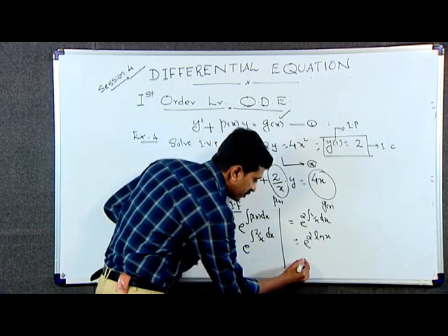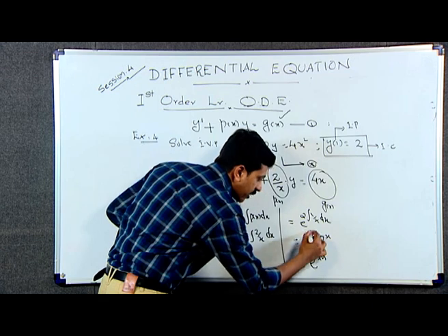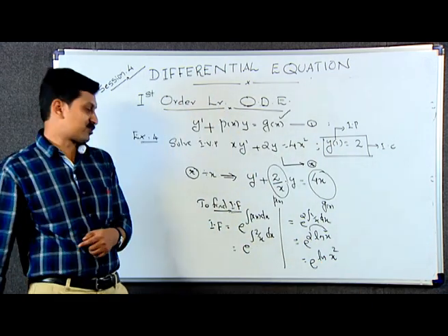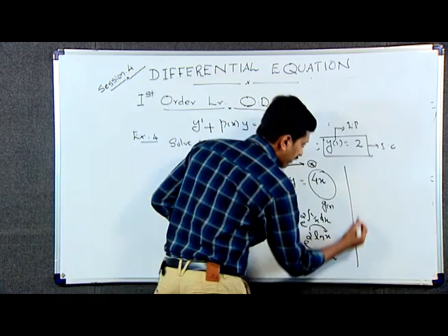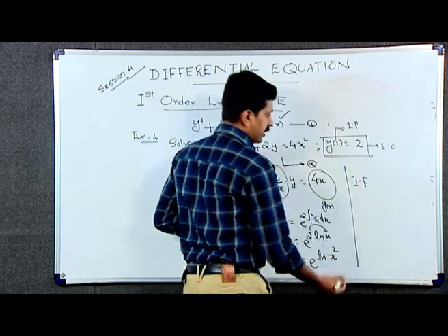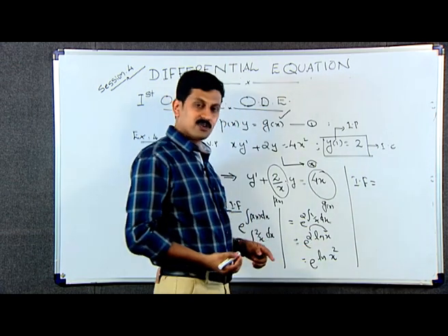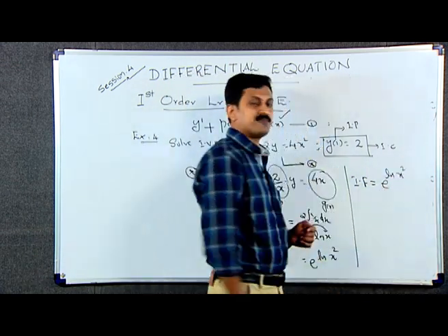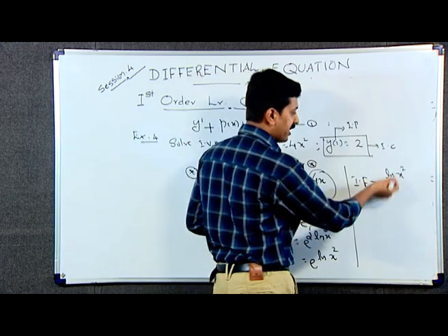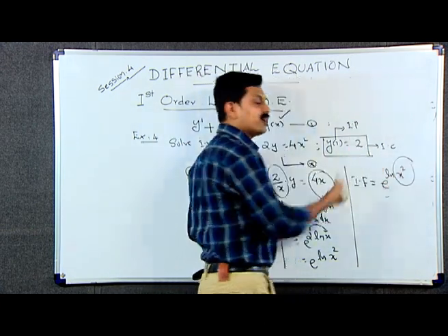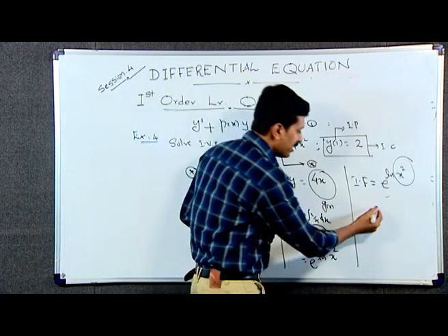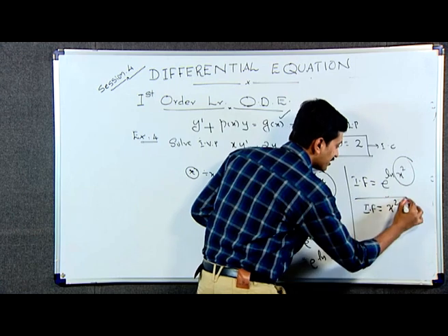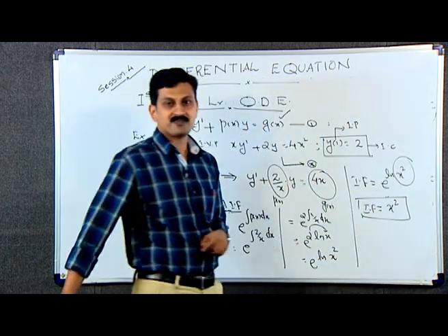Taking this 2 as the power of x, it is e raised to log of x square. By the formula, e and log will cancel, and only x square remains. That is why the integrating factor is equal to x square.